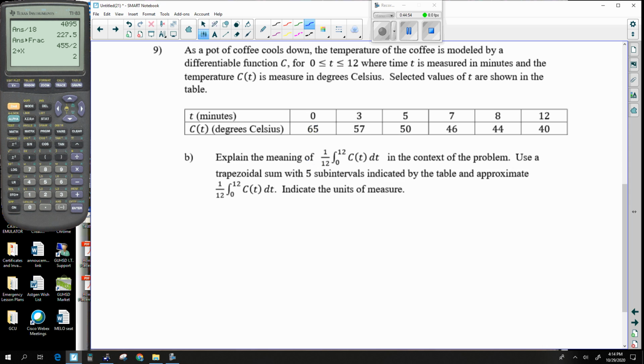In context, we use the trapezoidal sum with 5 subintervals to approximate that. Okay, so explain what the meaning of that is, the context.